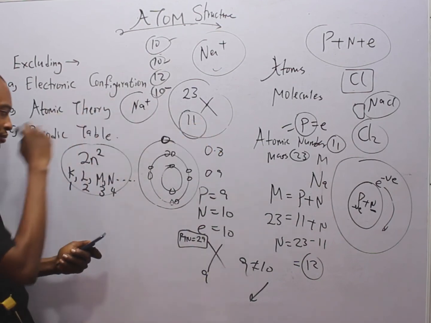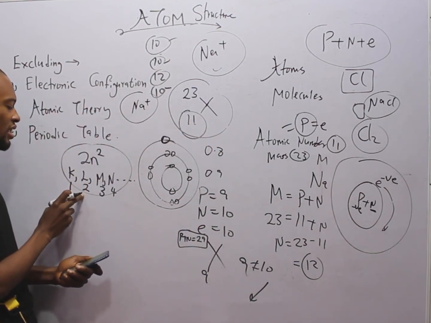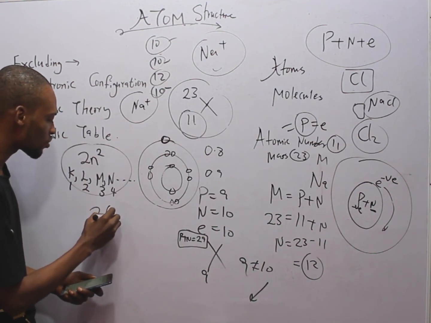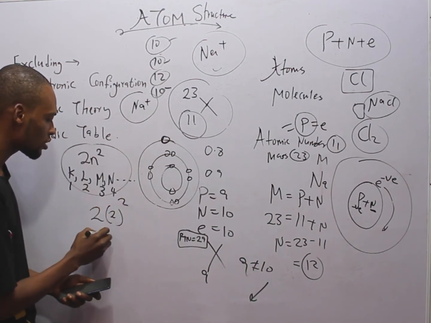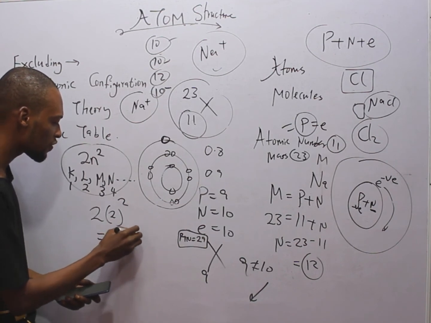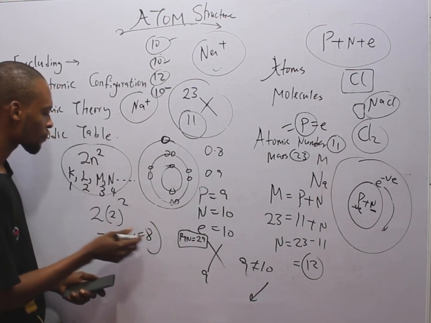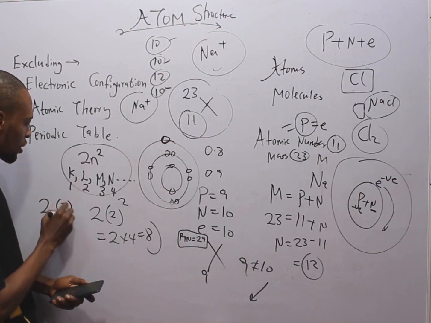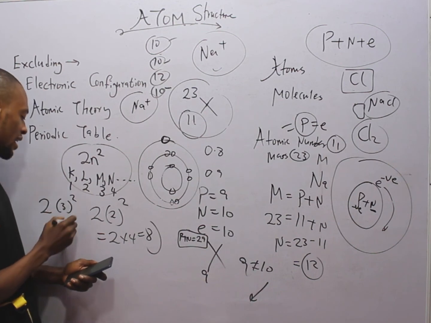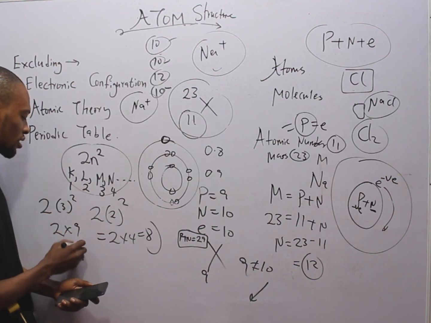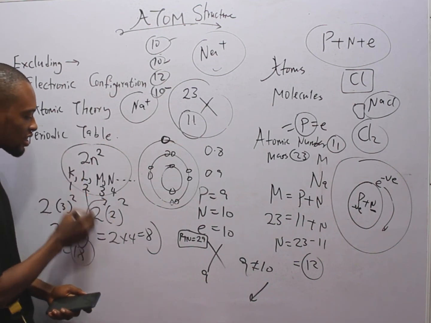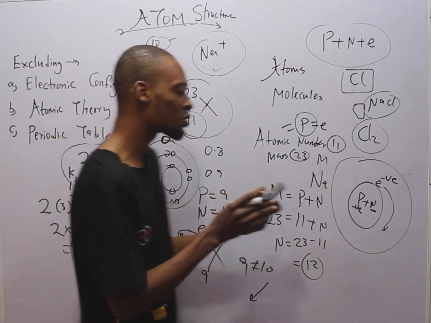O is 5. In the L shell, the maximum number of electrons will simply be 2 times n squared, where n is 2, raised to the power of 2. This equals 2 times 4, which is 8. For M shell, 3 raised to the power of 2 is 3 times 3, 9. 9 times 2, 18. So the maximum number of electrons in M shell is 18. L shell is 8. So I will stop here.